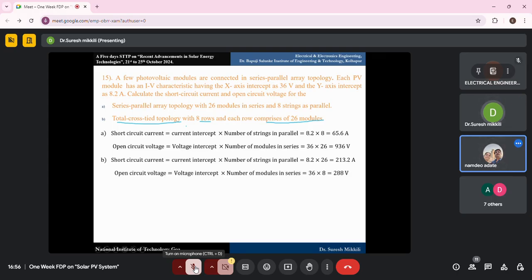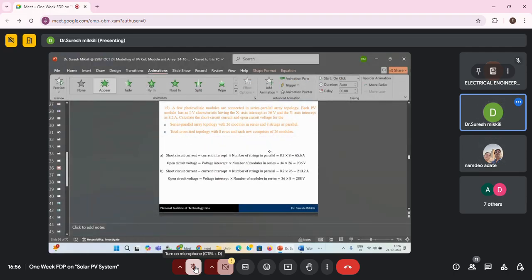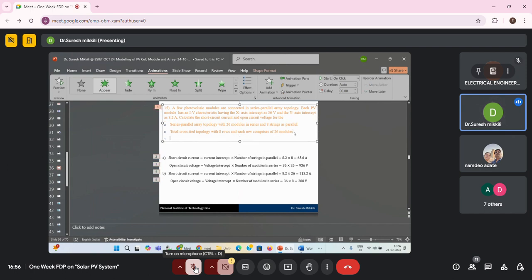Yes. Now let us assume one, I will add here. Let us assume a TCT, same, that many are there. Now if you have 10 columns, each column comprises of maybe 20 modules.